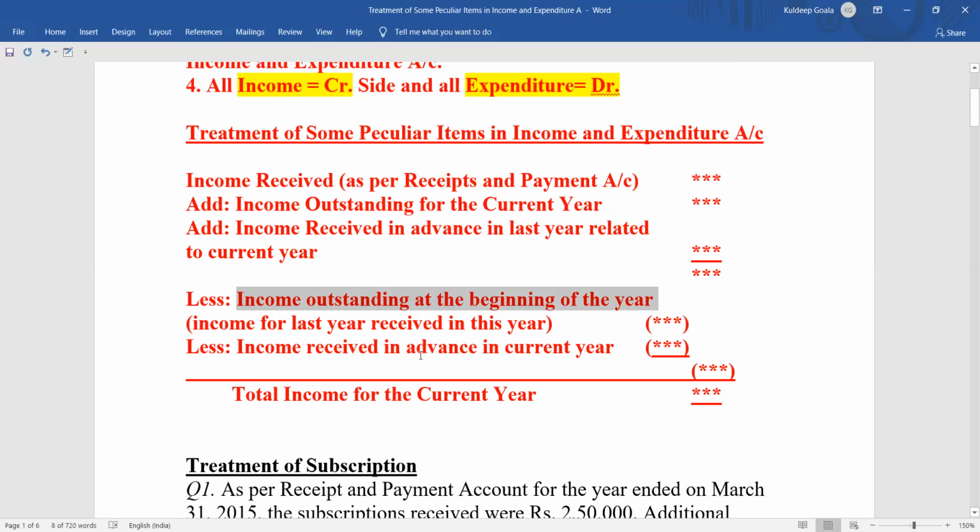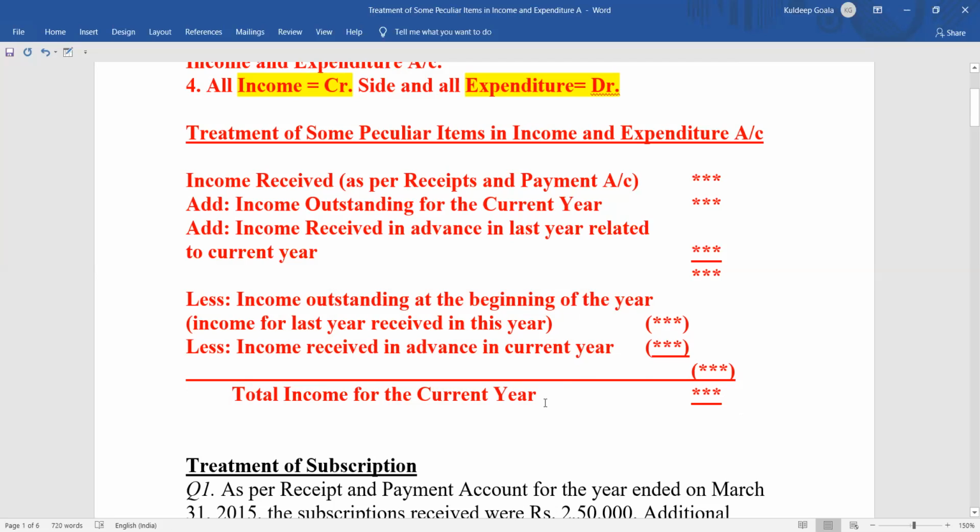Then at last we have to deduct the income which is received in advance in the current year. The income received in advance in the current year will be deducted because it is related to next year. Current year advance means it is related to next year, so it will be deducted. So after that we are getting total income for the current year.